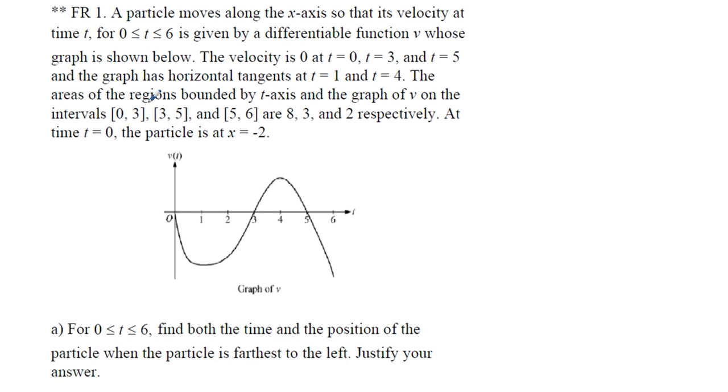The areas of the regions bounded by the t-axis and the graph of v on the intervals from 0 to 3, 3 to 5, and 5 to 6 are 8, 3, and 2 respectively. So this area bounded below is going to be 8, the area between 3 and 5 bounded above is an area of 3, and this last area is going to be 2 below the x-axis.